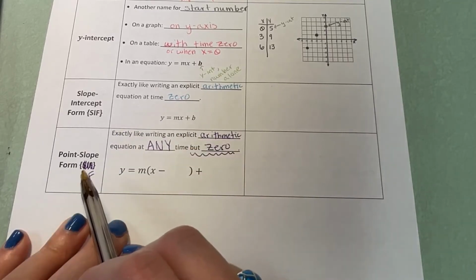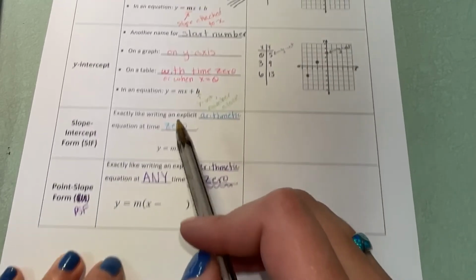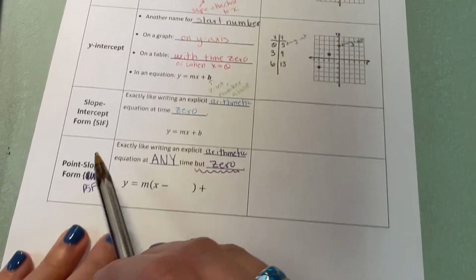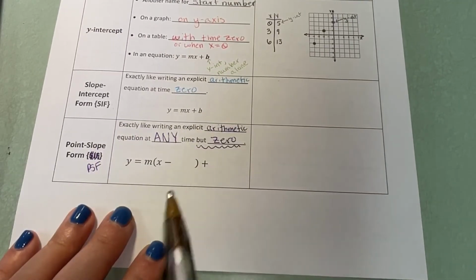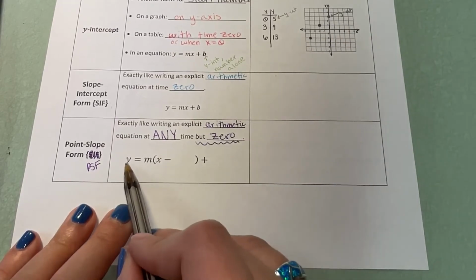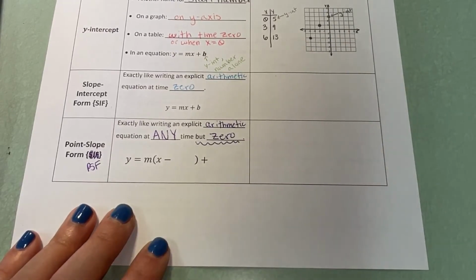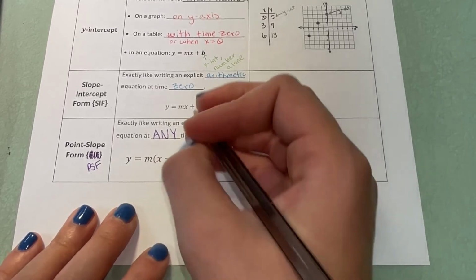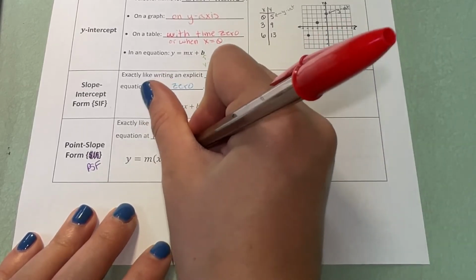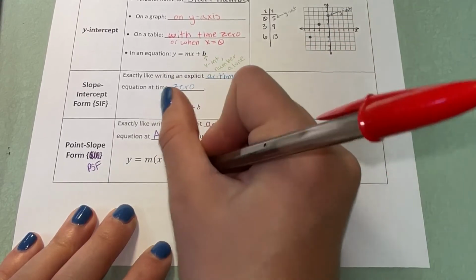That's point slope form. But if it's at time 0, that's slope intercept form. So point slope is anything, any number, but time 0. And we write this equation as y equals m times the quantity x minus our first x, okay?